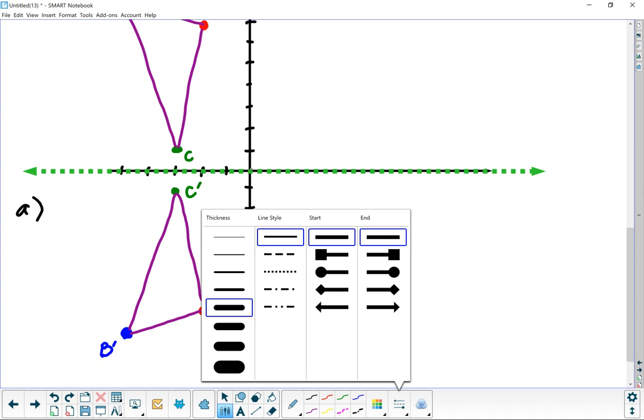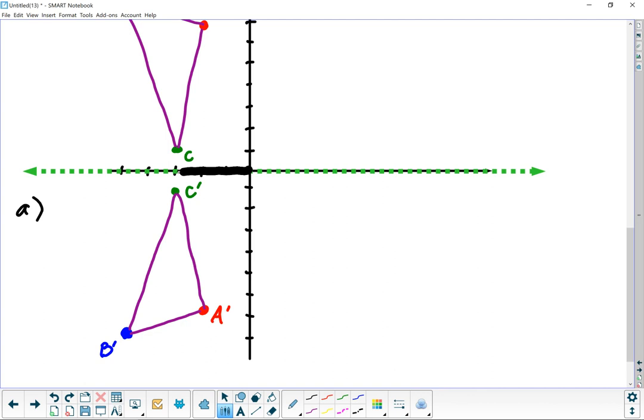To get my C, if I'm going 3 to the left and down 1, then 180 degrees would be 3 to the right and up 1.